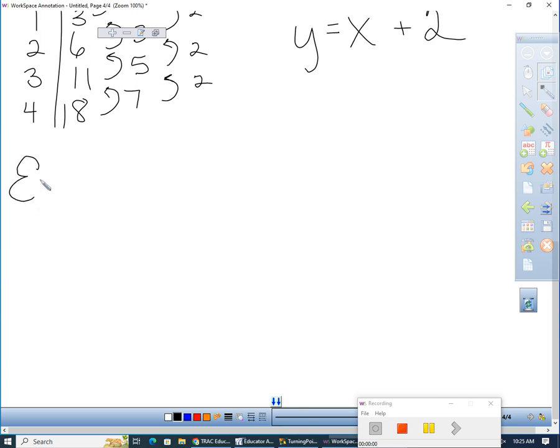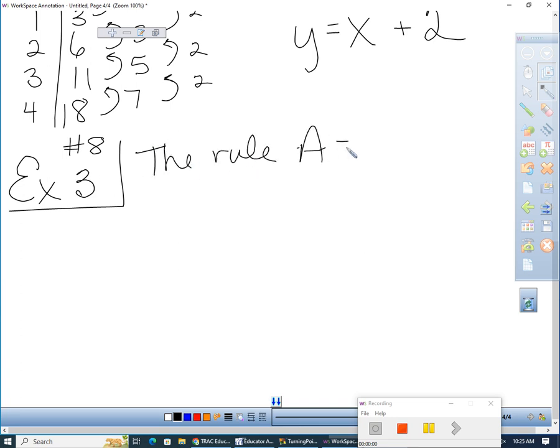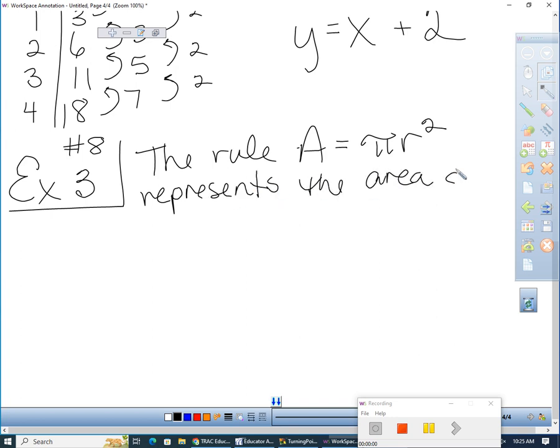All right, example number 3. This is going to cover number 8. Yep. The rule. A equals pi r squared represents the area, very good, of a circle.